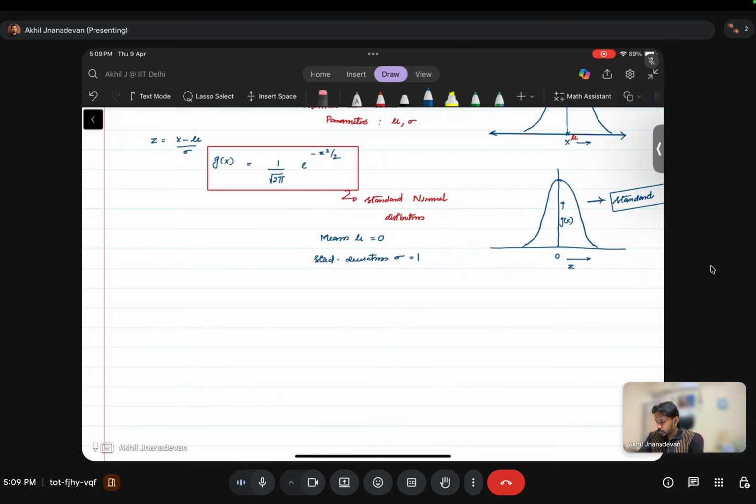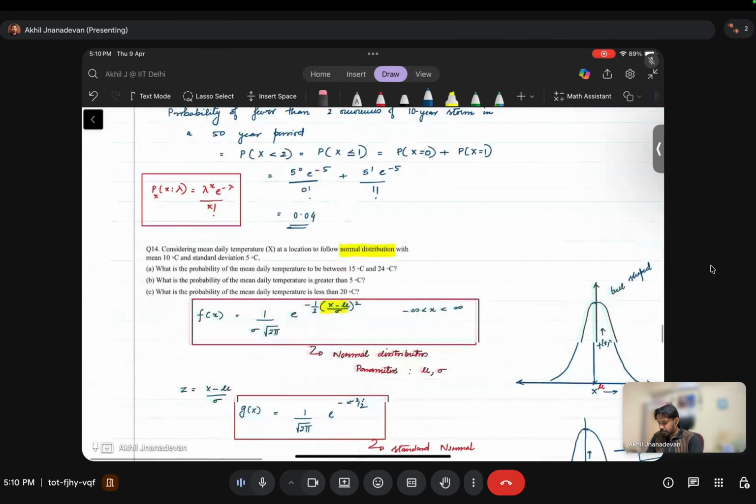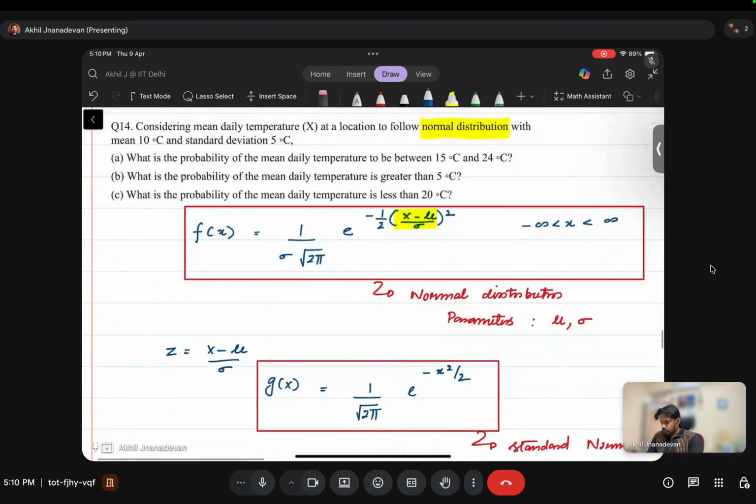Now we can come back to the question. The question is: consider the mean daily temperature at a location to follow a normal distribution.